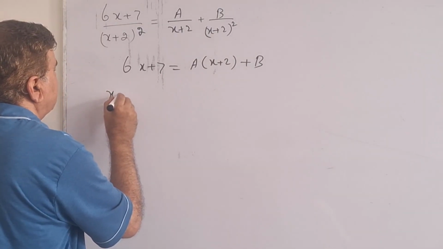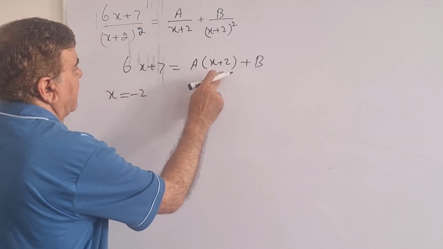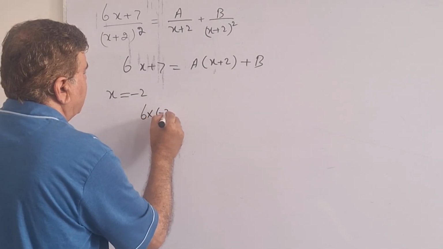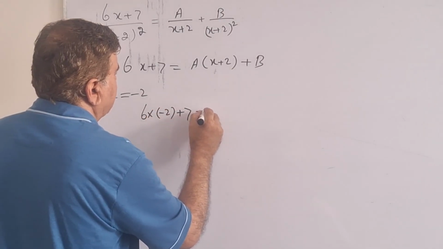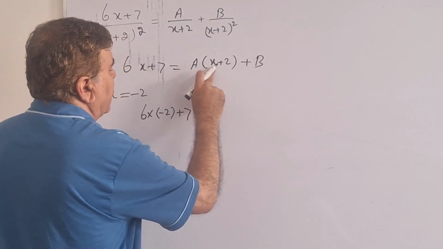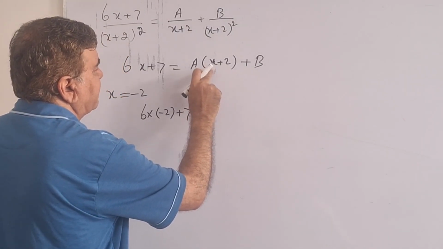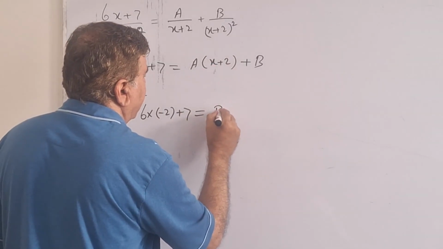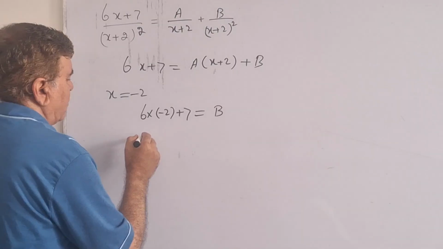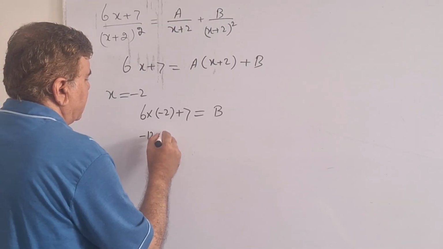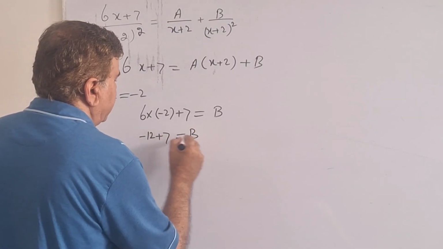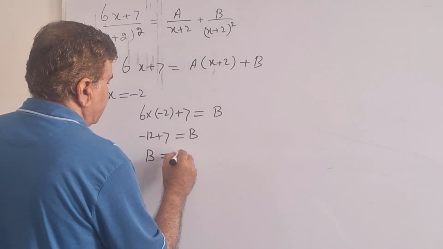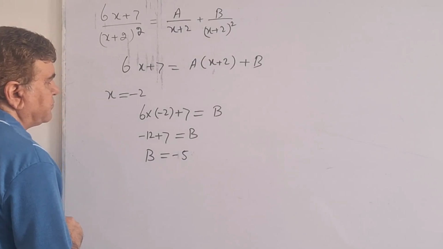If I set x equals minus 2 in this equation, that gives me 6 times minus 2 plus 7 equals, since here I would have minus 2 plus 2, this factor goes to 0, that reduces this term to 0, and on this side I'm left with b. Now this becomes minus 12 plus 7 equals b, which allows me to write b equals minus 5.